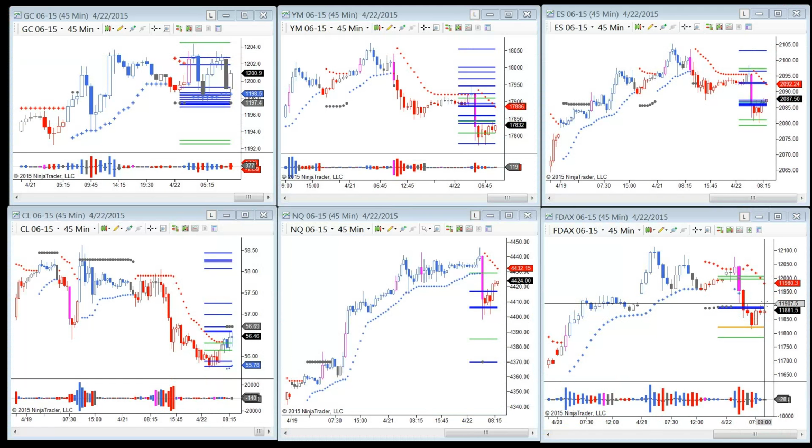Do y'all see that? So on the DAX, I would wait and let this make a low so I can tell that there's no sellers in that market before I actually went in. Do y'all see that?